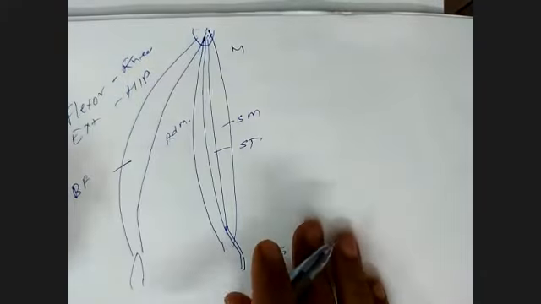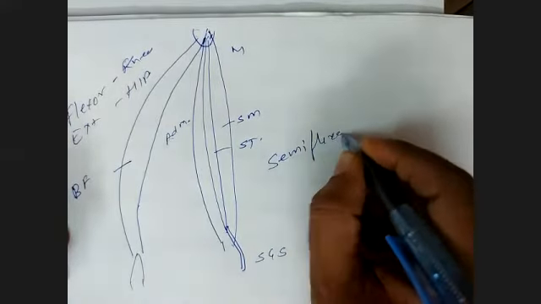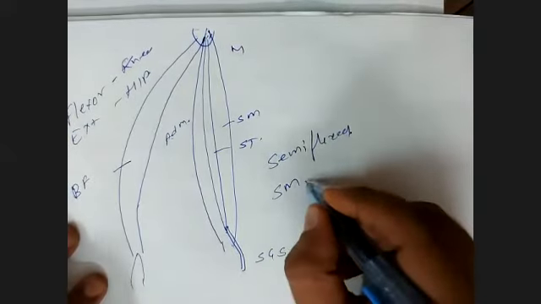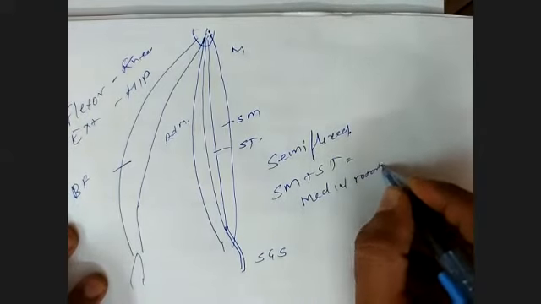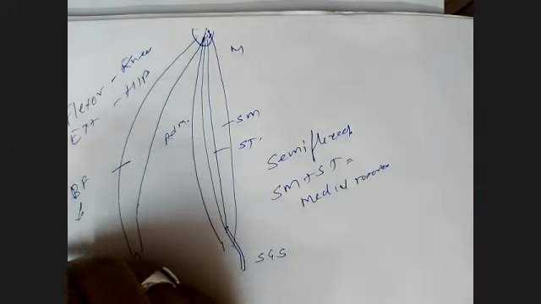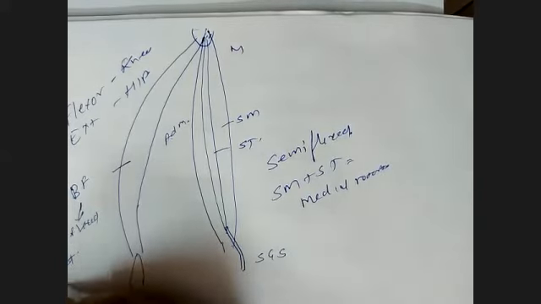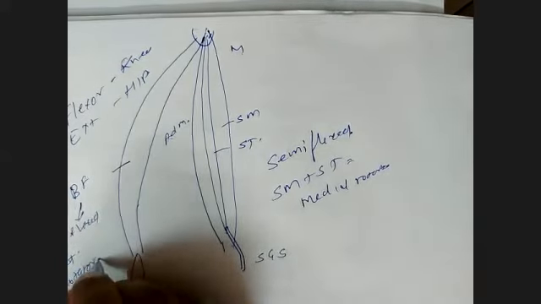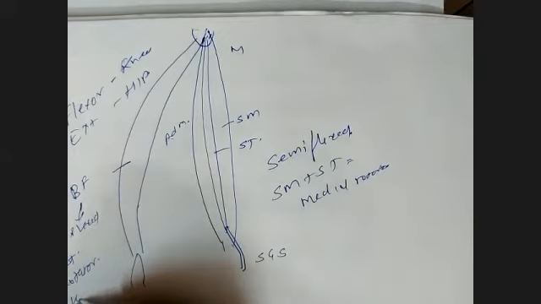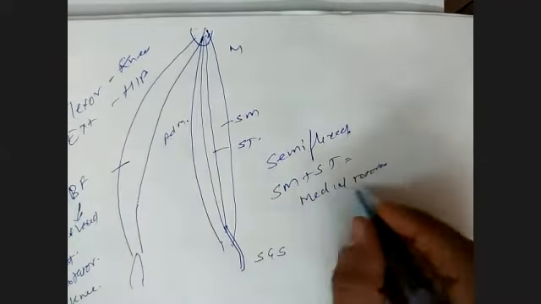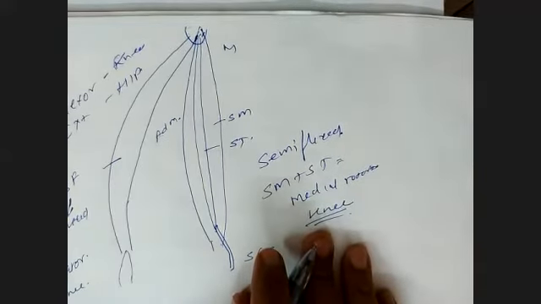But apart from that, in a semi-flexed position, semimembranosus and semitendinosus are the medial rotators of the knee joint, while biceps femoris in a semi-flexed position is a lateral rotator of the knee joint. These are the actions of these muscles.